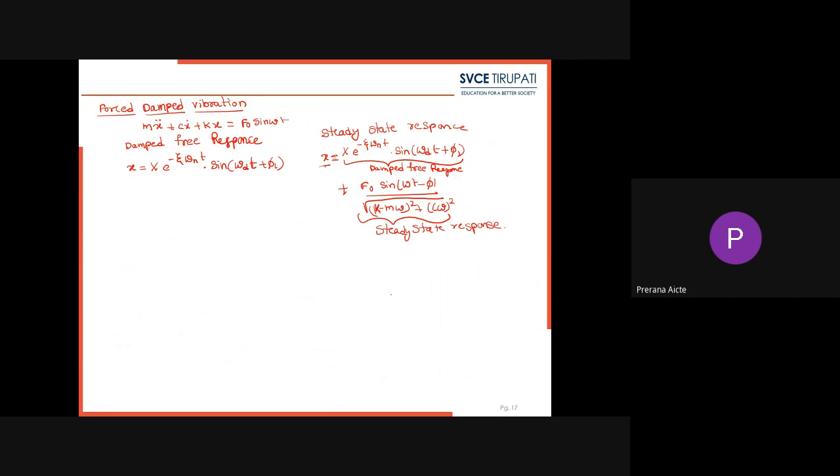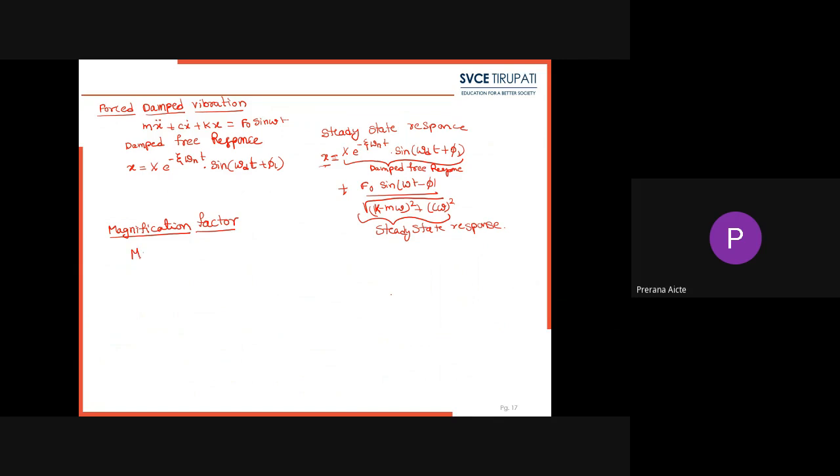Another formula you have to remember that is also important is the magnification factor. What is a magnification factor? It is generally the ratio of amplitude of steady state response to the static deflection under the action of force, and is known as the magnification factor.